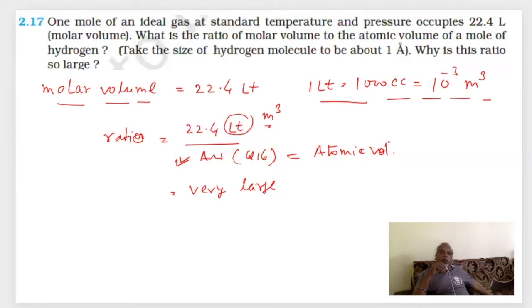We know that at normal temperature and pressure, a gas occupies 22.4 liters, and this is with all the gases, and this molar volume is the same for all the gases. And this ratio is very large. That means the interatomic spaces between the gases are very large.